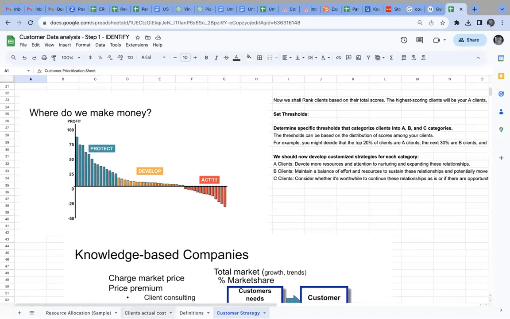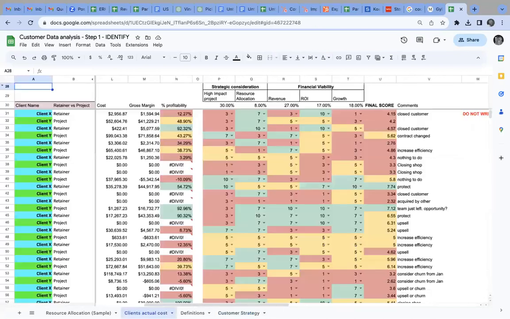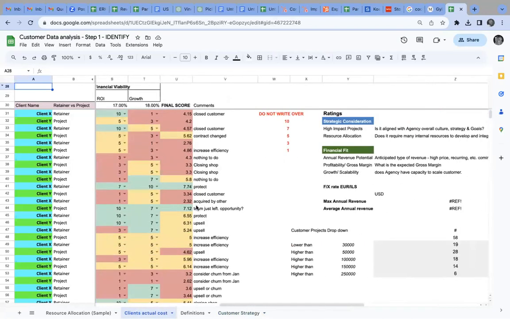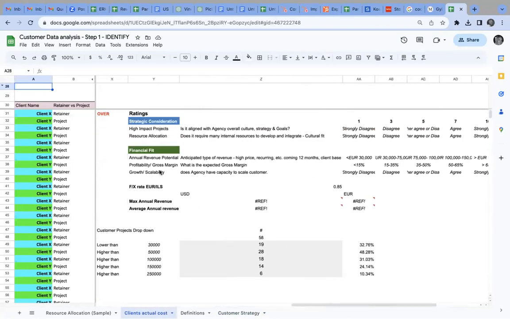So if we go back to this one, we took these profitability ratios and did a definition over here, which is then some strategic consideration, some financial fit, looking at high impact projects. That means, is it aligned with the agency's overall culture, strategy, and goals?